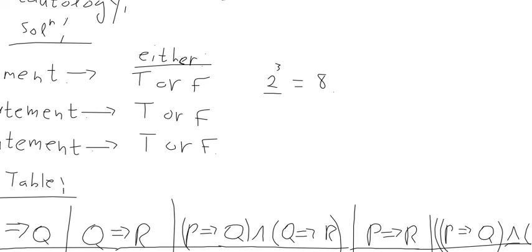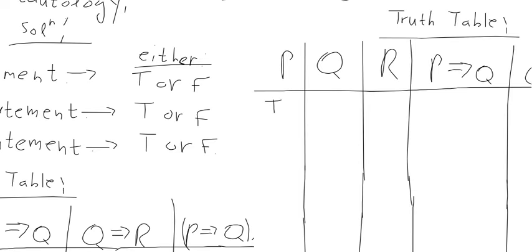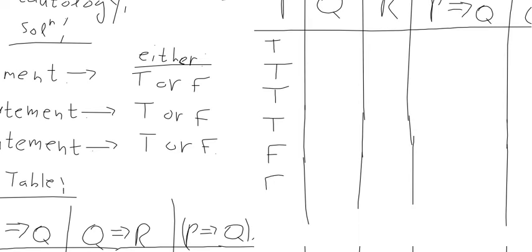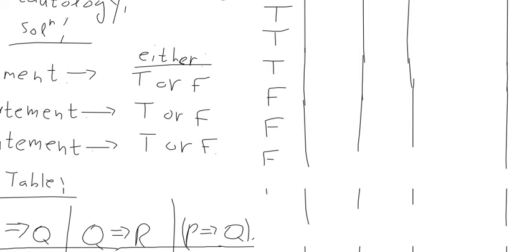So P will have 4 truths and 4 falses. Now, you may be asking, why is it not going true, false, true, false, true, false, true, false? The reason is that each statement variable can either be true or false, so only every 4 truths rotates to 4 falses and so forth.